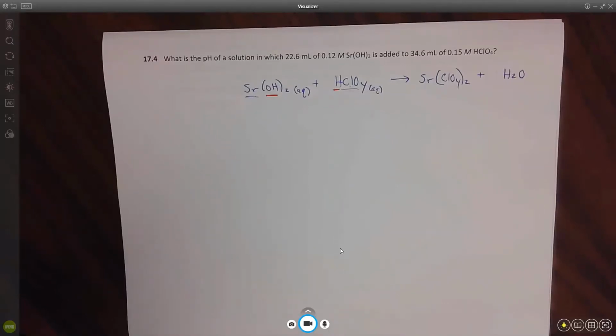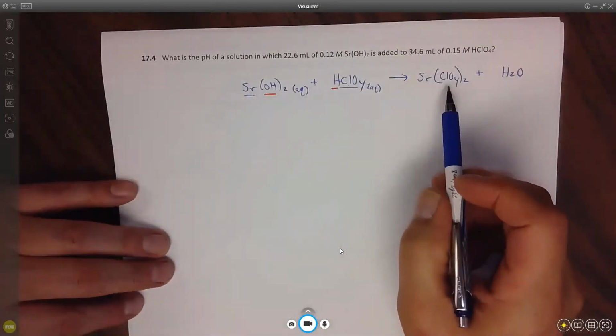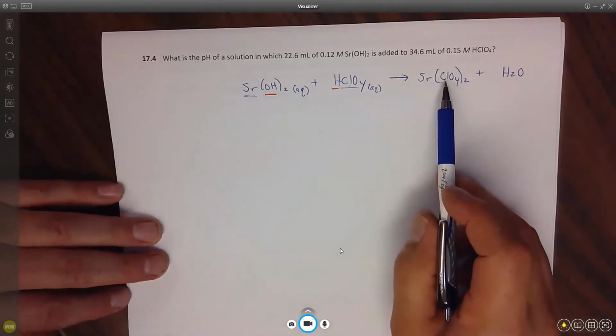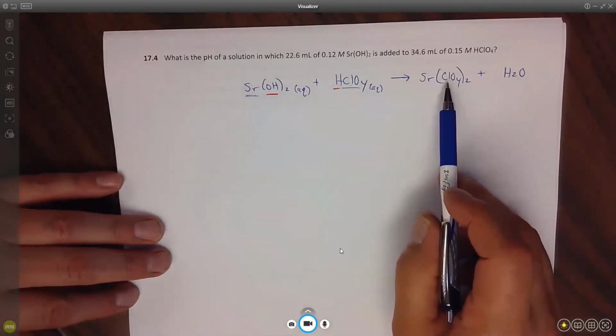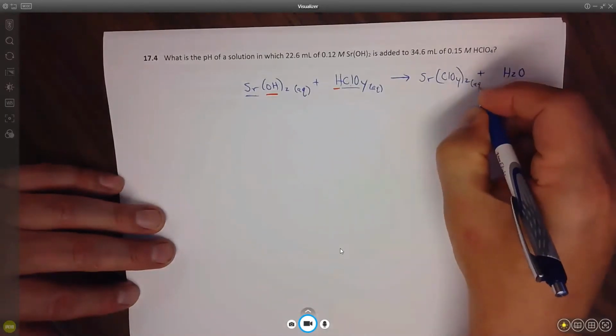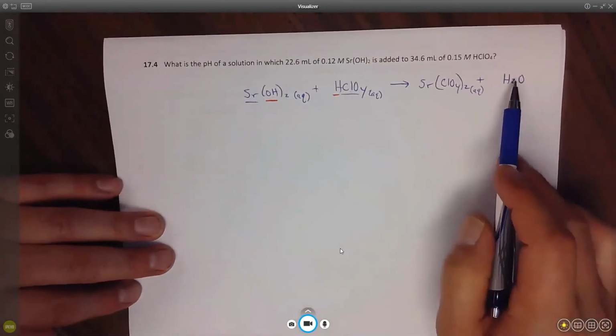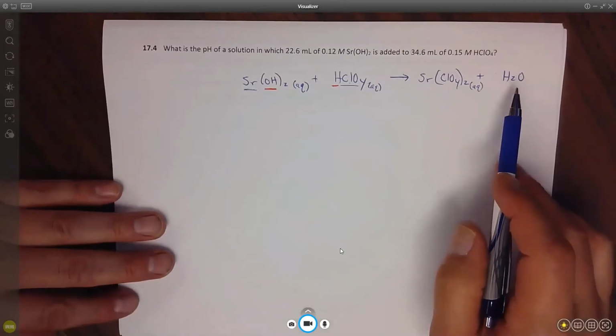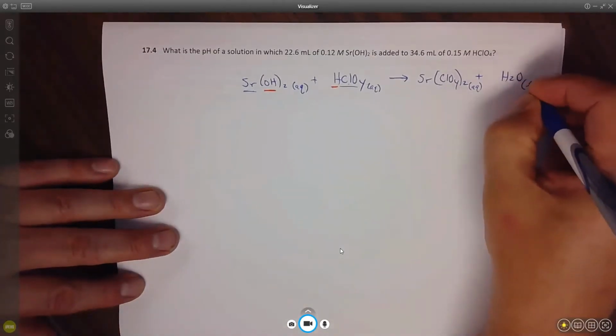So all perchlorates are soluble? Absolutely. According to rule number 2, any salt that contains a nitrate, acetate, or perchlorate anion is going to be soluble without exception, so it's aq. And what phase label then do I give water? Liquid. Yeah, that's just our molecular solvent, so it's just a liquid.